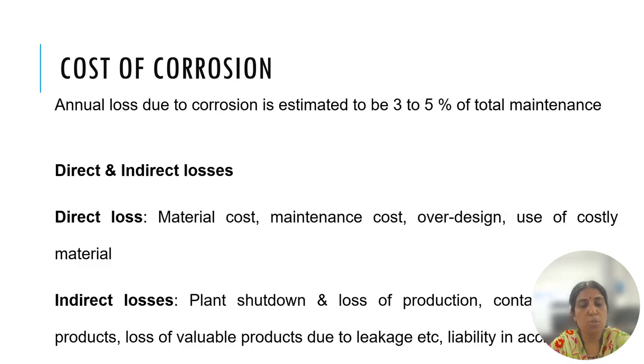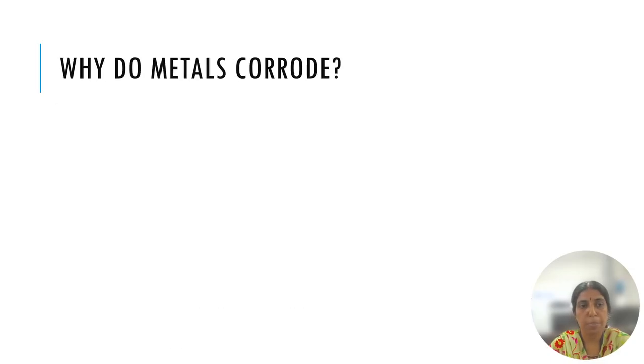Direct loss is because of material cost, maintenance cost, design cost, and the use of costly material to prevent or avoid corrosion. Indirect losses can be due to plant shutdown, loss of production, and loss of valuable product due to leakage and contamination of the product. These are the indirect losses when compared to the direct losses of material replacement.